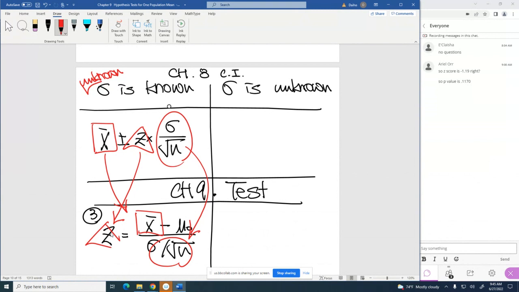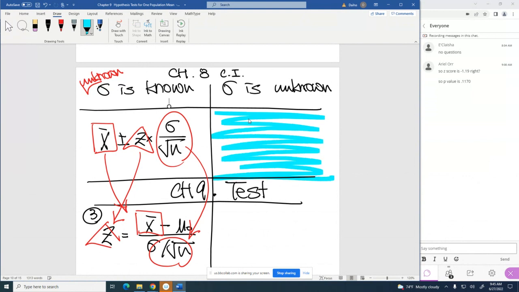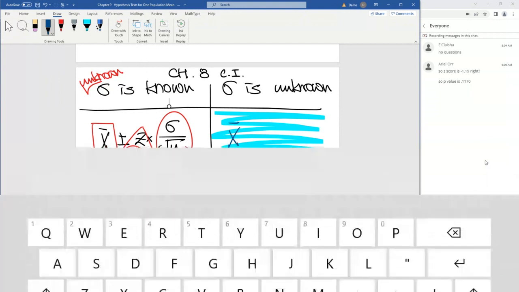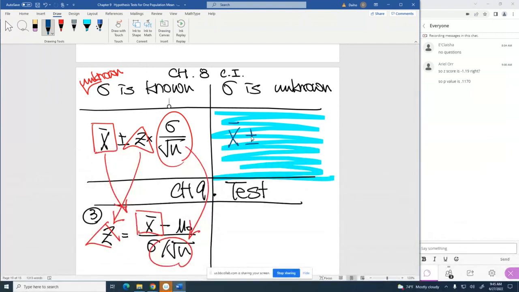Do you remember what was another confidence interval when we assume sigma is unknown? X bar plus or minus the t score times s over square root of n.